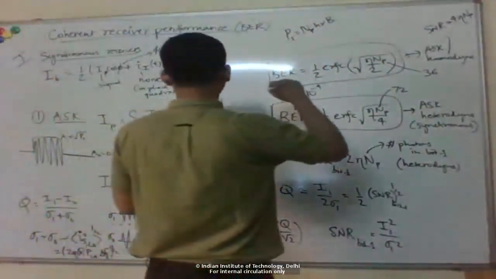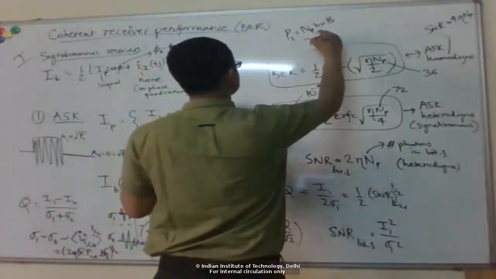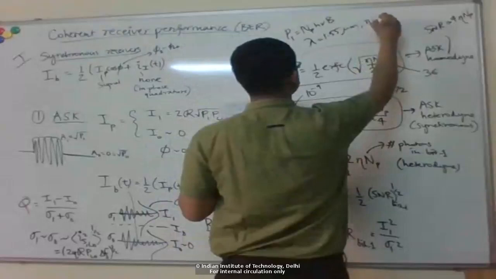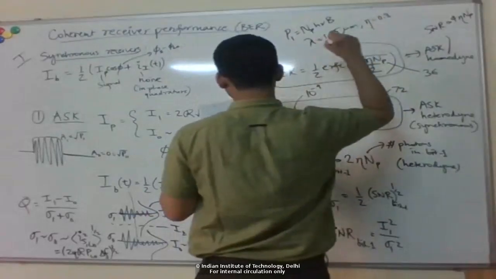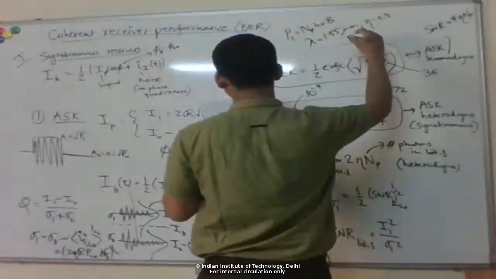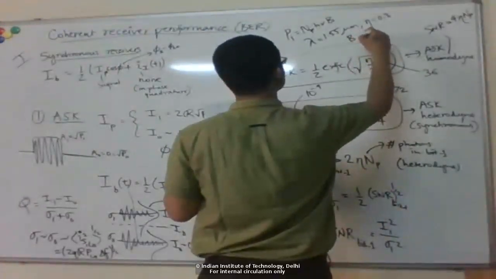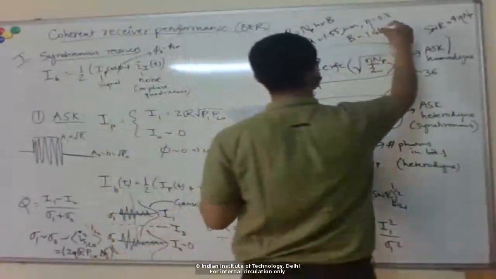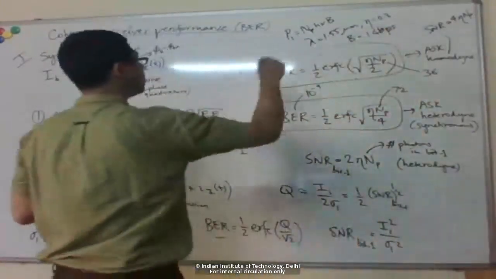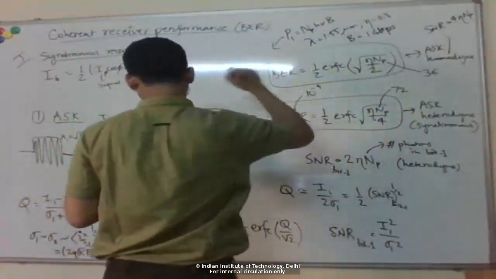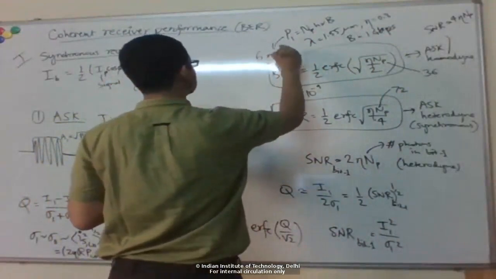If I assume a wavelength of 1.55 micron, a quantum efficiency of let's say 0.8, and a bit rate of 1 Gbps, then for 36 photons, this P1 comes out to be about 6 nanowatts.